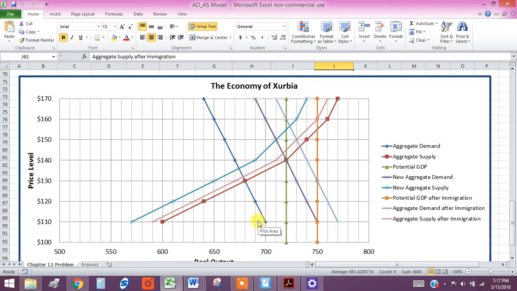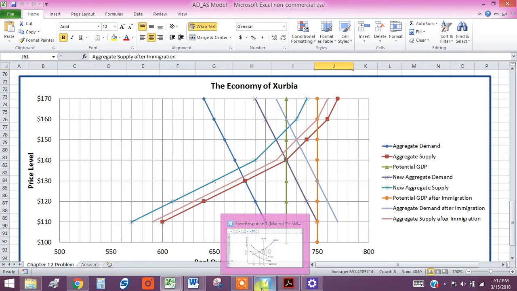The AP exam is going to call that full employment output, and they're going to call this curve the long run aggregate supply curve. And this curve right here, this upward sloping aggregate supply, the AP exam is going to call the short run aggregate supply.